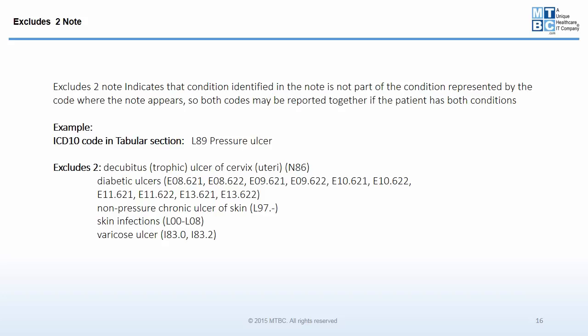Okay, so the code books you can get through either the AMA or the American Association of Professional Coders, the AAPC. It is called the ICD-10. Let me just get the code book. It's ICD-10 CM.